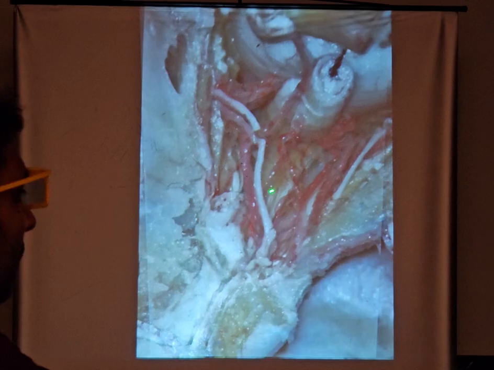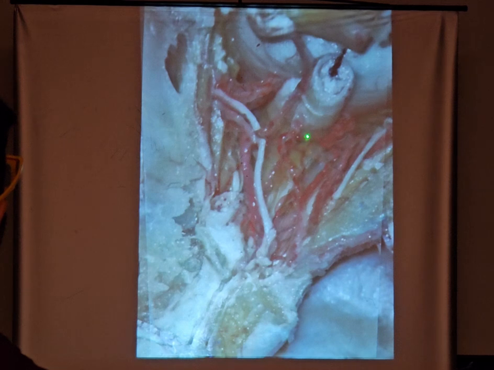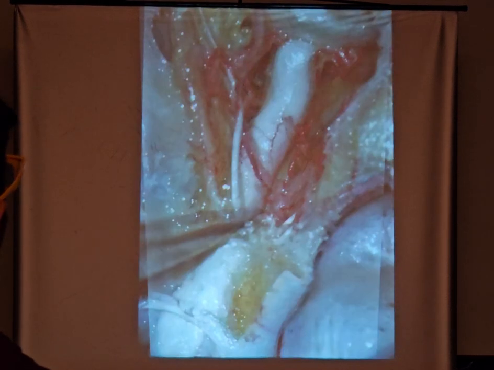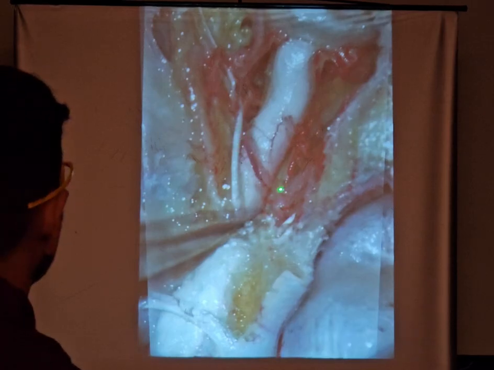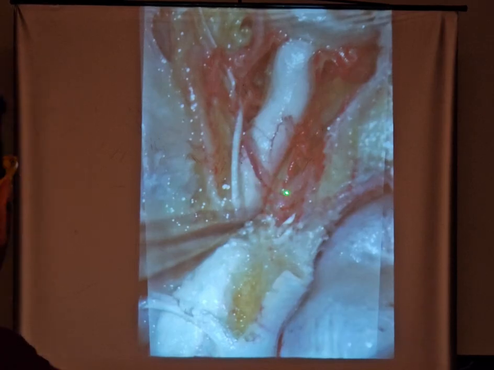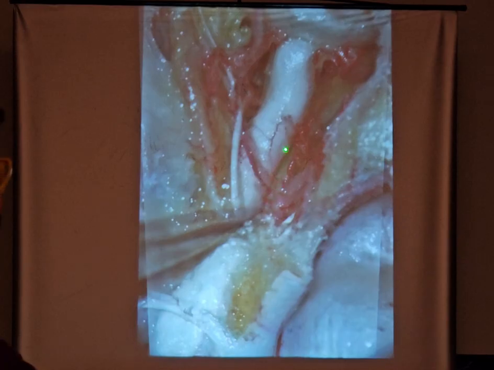It can arise directly from the ophthalmic artery, or it can arise from a long ciliary artery. When it arises from the ophthalmic artery, classically it arises at the junction between the first and the second part, and it's classically the first branch arising at the beginning of the second part, or at the end of the first part.